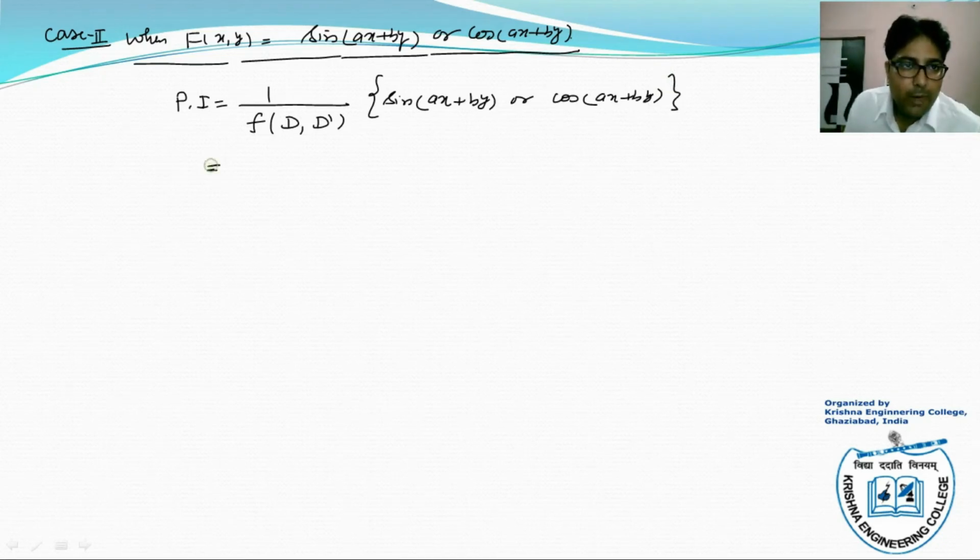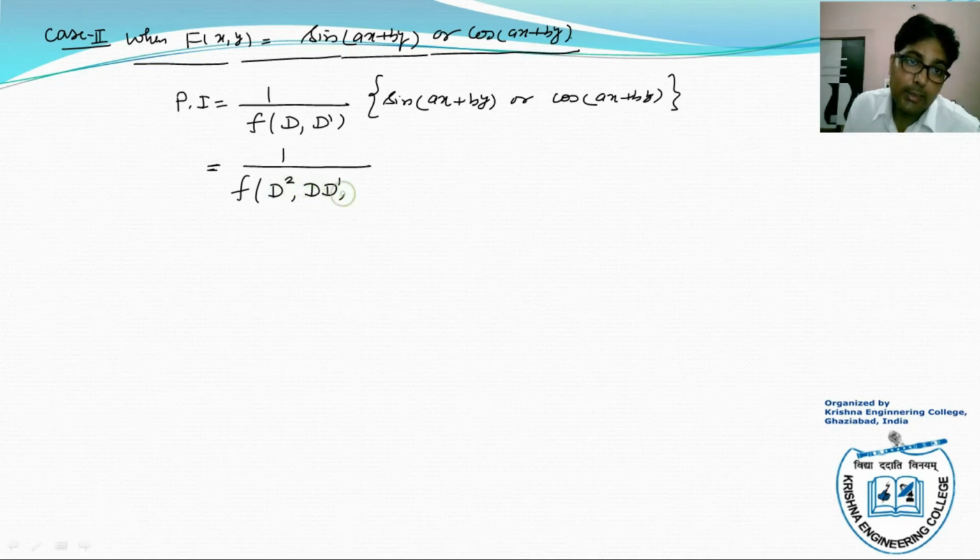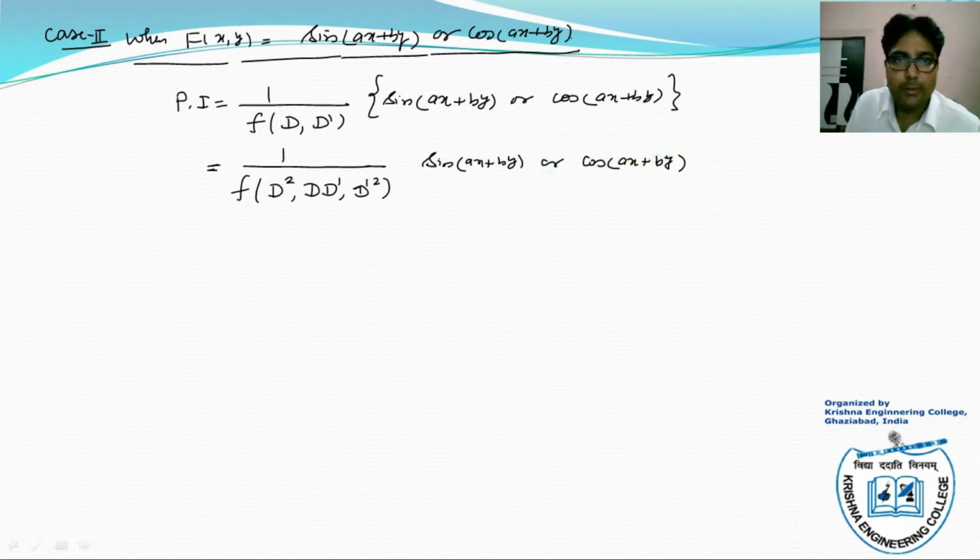When we find the PI of sin ax or cos ax in the case of a non-homogeneous linear differential equation, express the function f as D square, DD' and D' square. This is sin(ax plus by) or cos(ax plus by), right? There is no problem here. Clear?